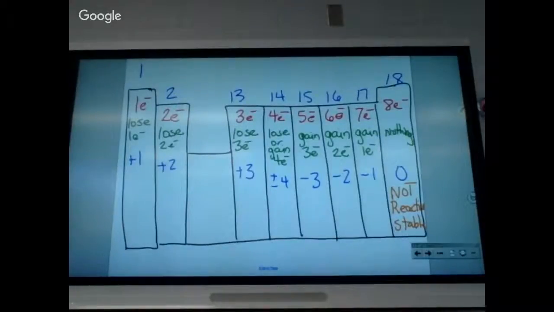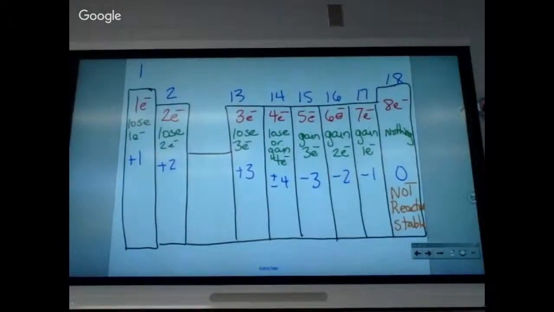All right, now, who would be the most reactive of the elements? Alkali, and who else? No, the one beside the noble gases. What's the name of the one beside the noble gas?